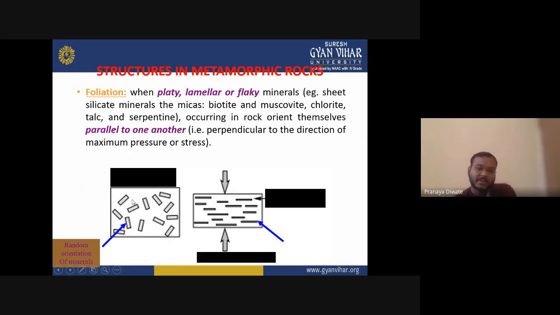Now you can see this figure and this figure. You clearly see the difference. This is a randomly oriented mineral.